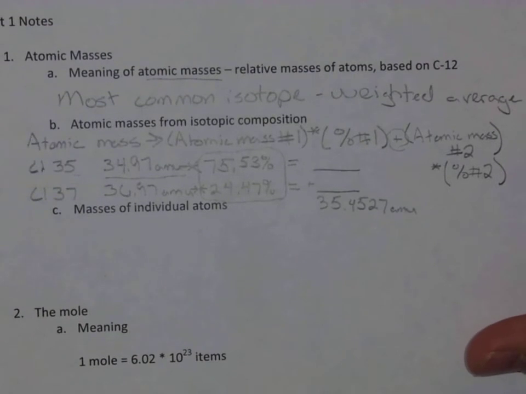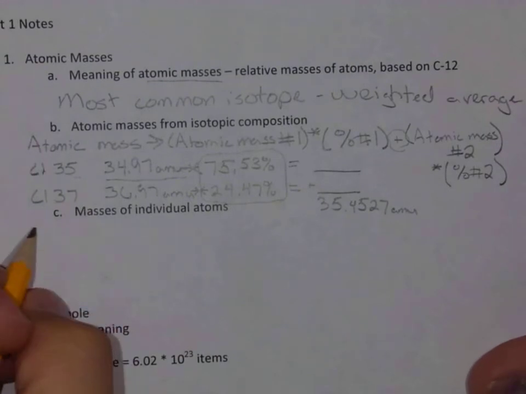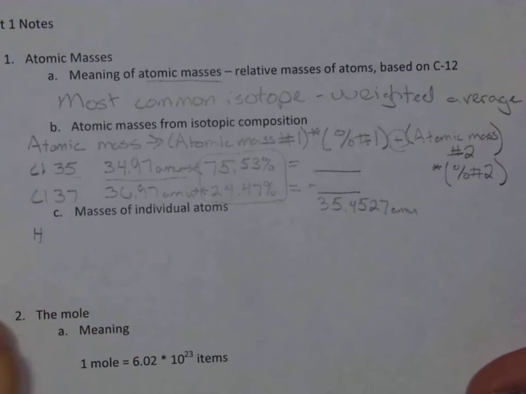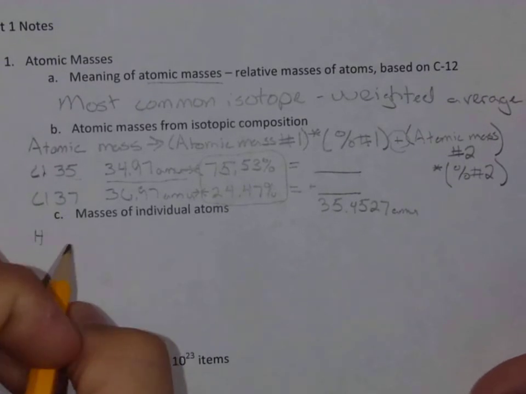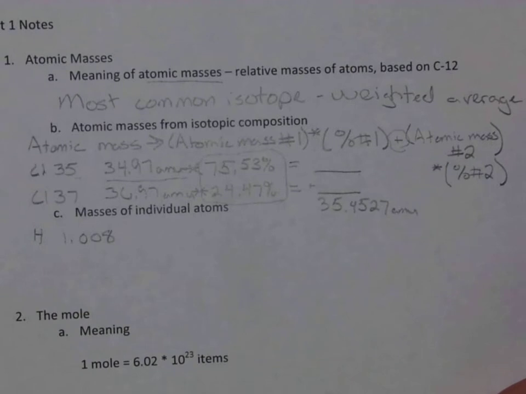So individual atoms, it's all about our number of atoms. If we have just hydrogen, our atomic mass is 1.008, but one atom doesn't weigh 1.008 grams.